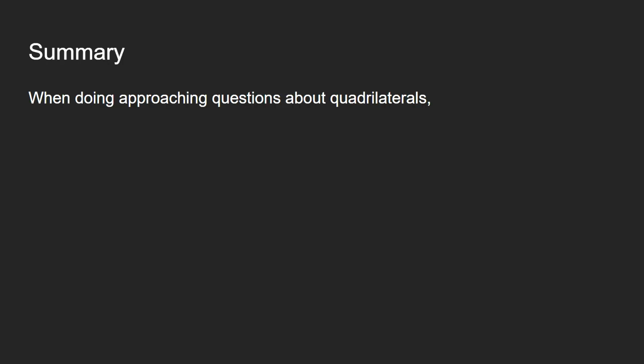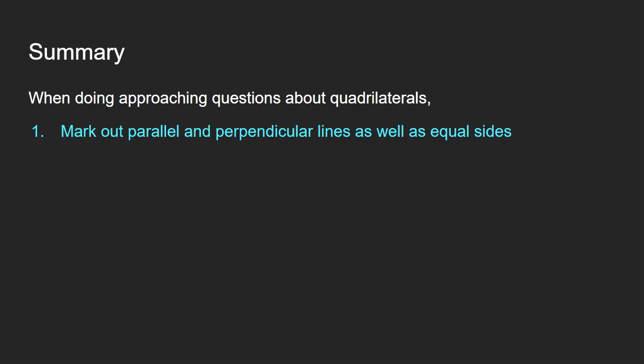In summary, when doing these types of questions, mark out parallel and perpendicular lines as well as equal sides, like I mentioned. Get information and write it down. For each quadrilateral, recall the associated properties. Trapezium: one pair of parallel lines.